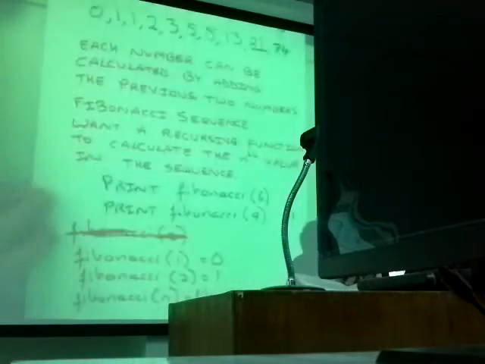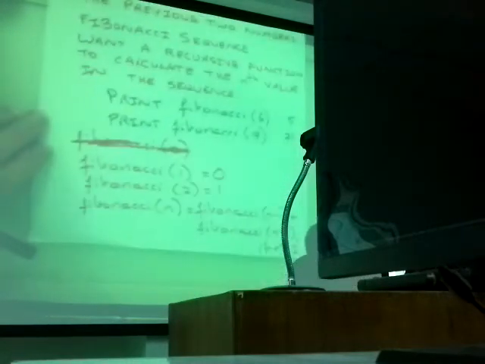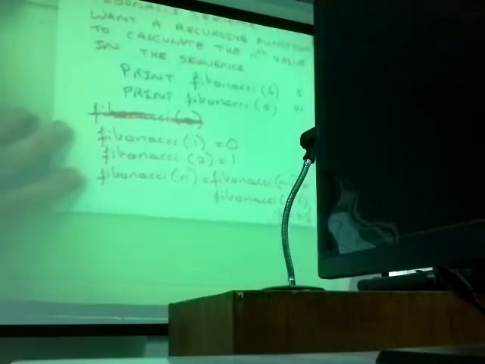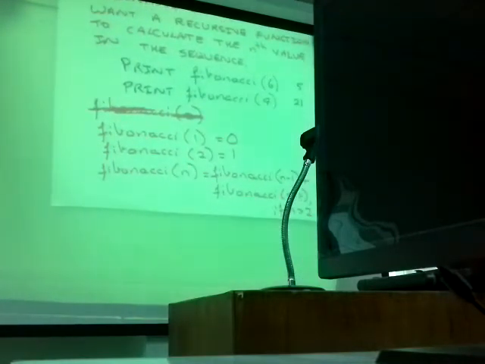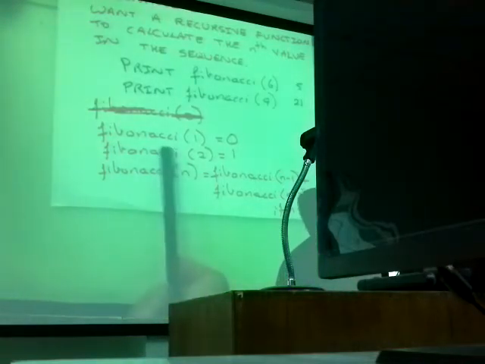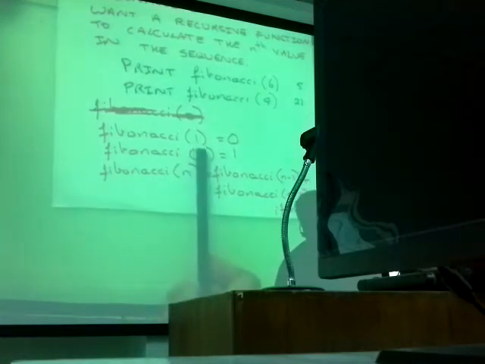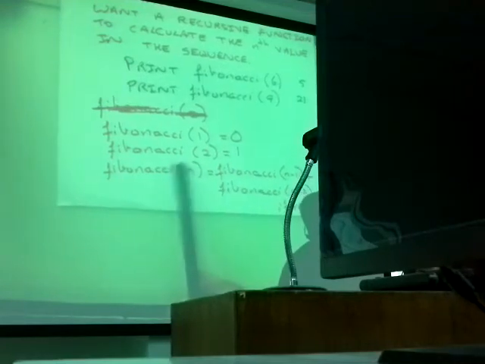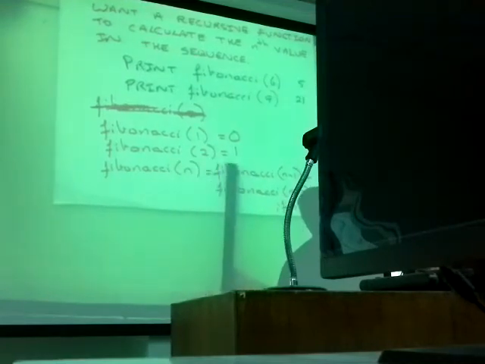Now, last time we wrote a recursive definition of the Fibonacci sequence. So in this definition, we say Fibonacci 1 is 0, Fibonacci 2 is 1.